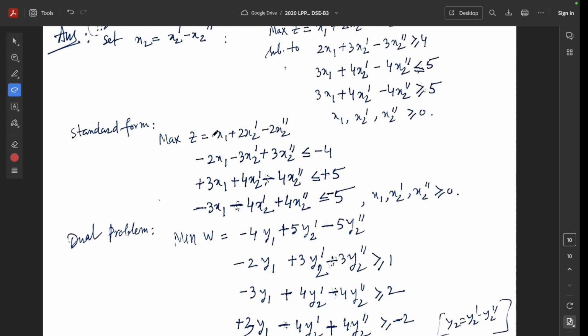This is greater than or equal to 1, and this is greater than or equal to 2. And from the third column, 3y1 minus 4y2 dash plus 4y2 double dash greater than or equal to -2.